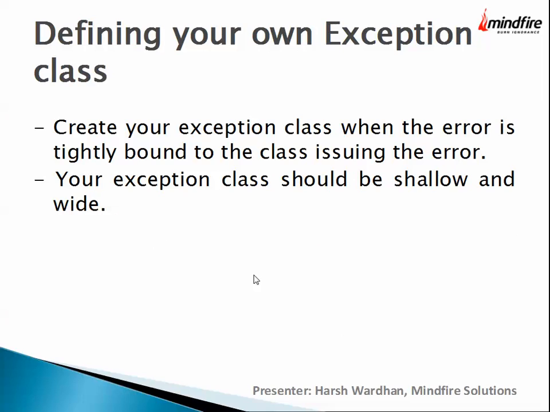Now let's look into when we need to create our own exception class. Create your own exception class when the error is tightly bound to the class issuing the error. What do we mean by this statement? Suppose we had this class with this flight mechanism, where the system exceptions won't make much sense, because adding height is not a crime for .NET.